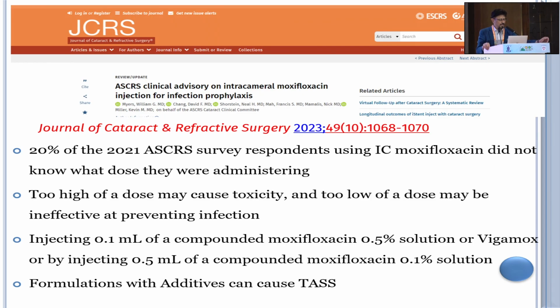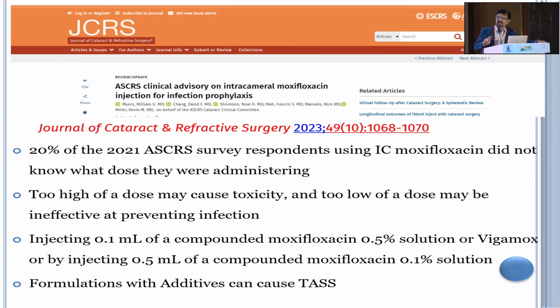And they reported that 0.1 ml of compounded moxifloxacin 0.5% solution, or they had used Vigamox, or you can inject 0.5 ml of a compounded moxifloxacin 0.1% solution. Whatever you use, it should be either 0.1 ml of 0.5% or 0.5 ml of 0.1%.